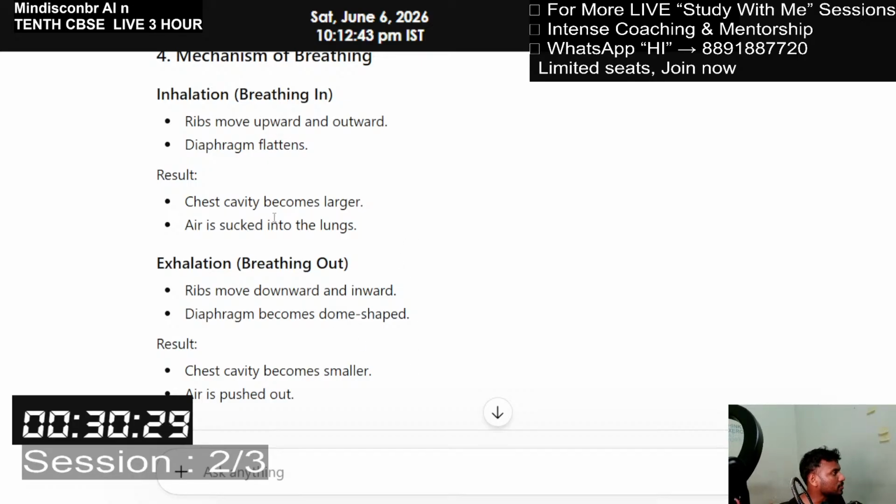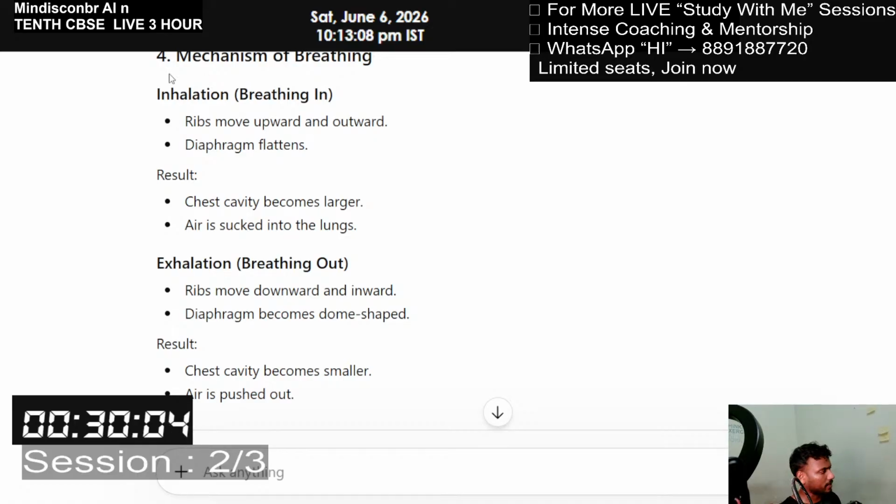So in the case of the mechanism of breathing, inhalation means breathing in. That means the ribs move upward and outward, also forward. The diaphragm flattens.